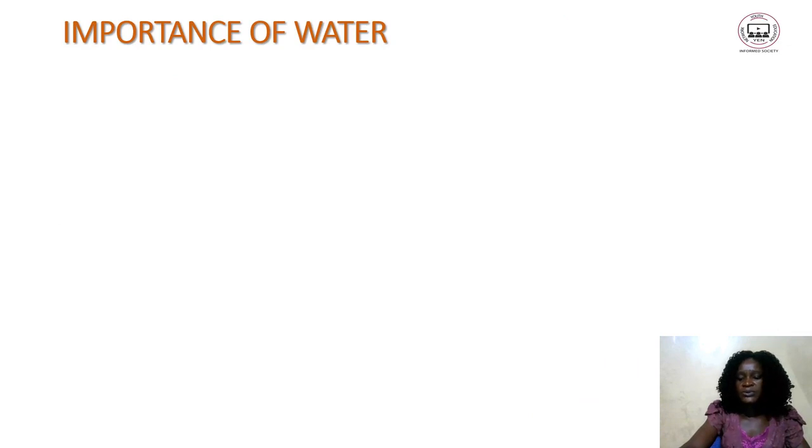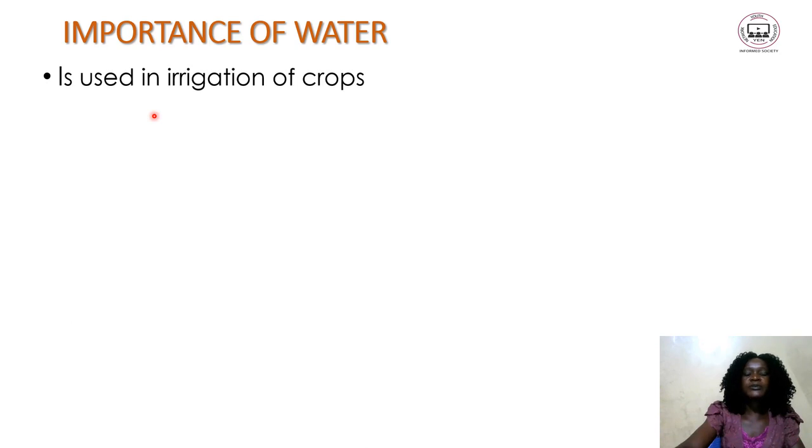So we're going to explain, one by one, each natural resource and its importance in agricultural production. Let us start with the importance of water. Water is very, very important just because it is used in irrigation of crops.